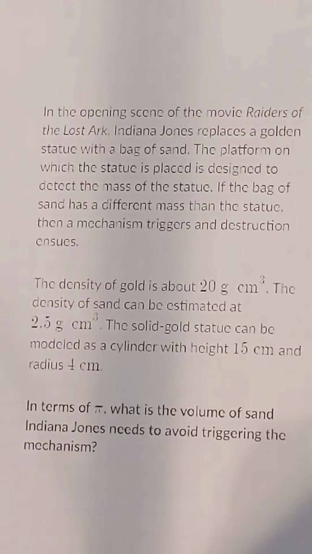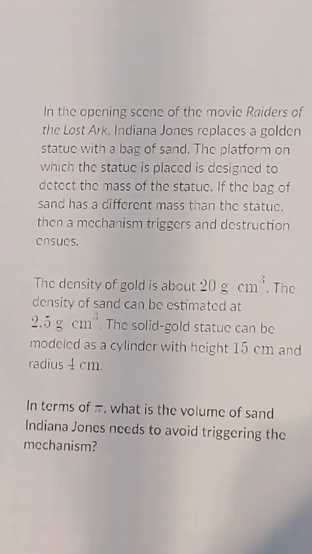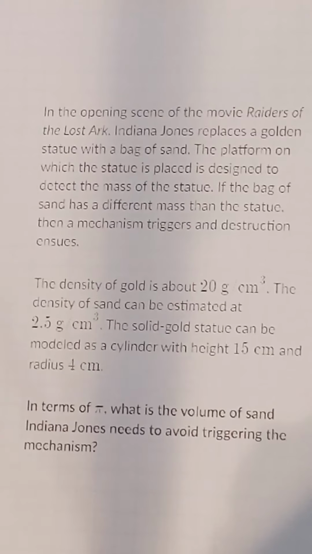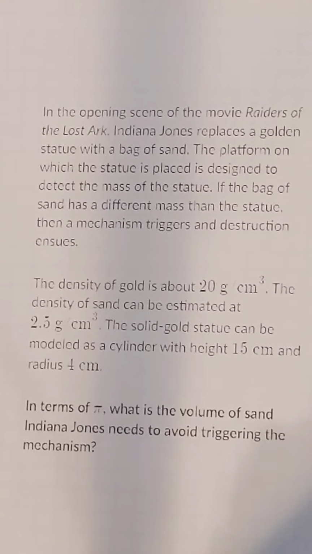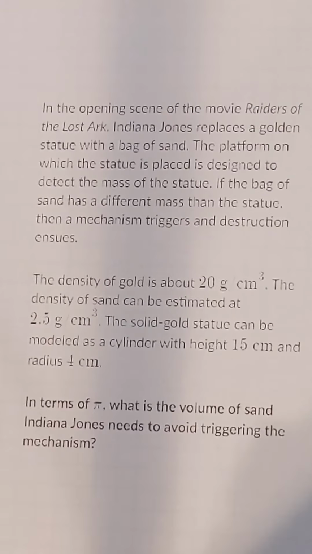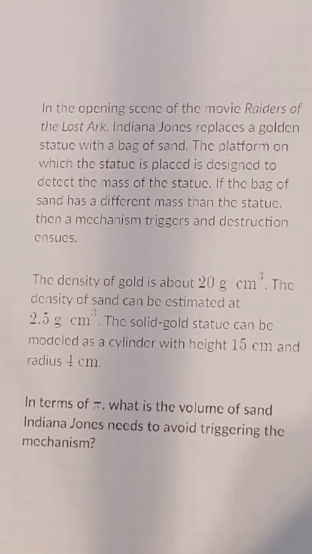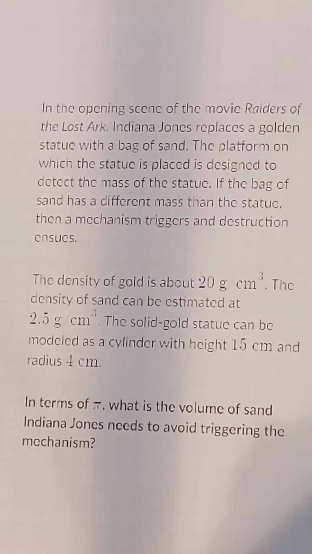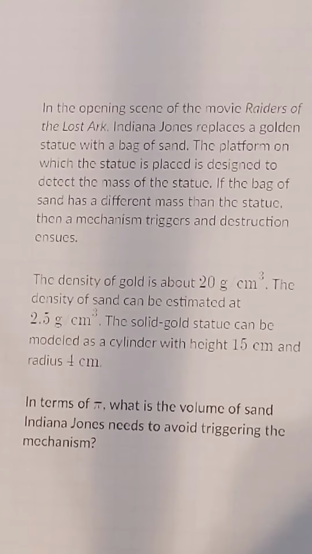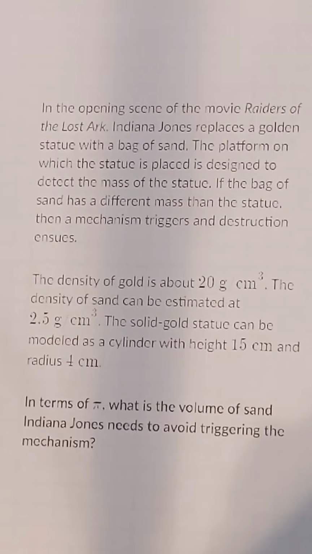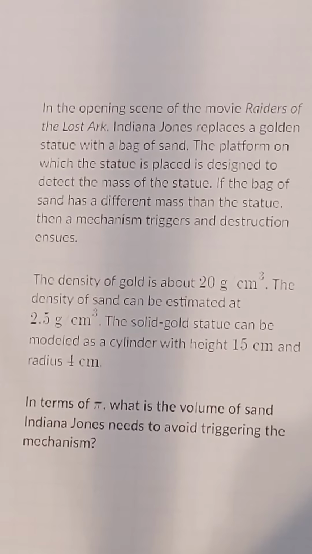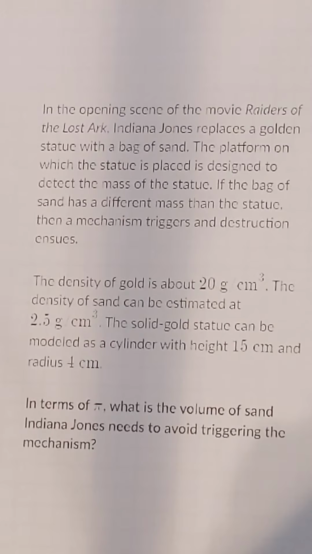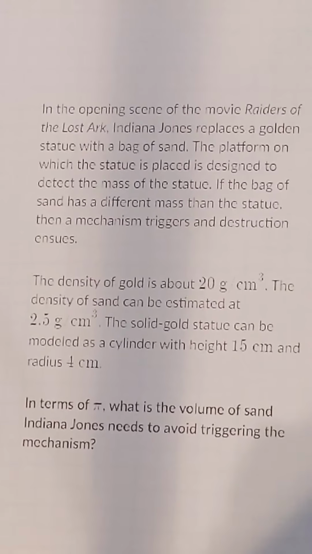Okay, another example where they can make it more complicated is a Raiders of the Ark question here, and I'll read it to you, then I'm going to do it with you. The opening scene of Raiders of the Lost Ark, Indiana Jones replaces a gold statue with a bag of sand. The platform on which the statue is placed is designed to detect the mass of the statue. If the bag of sand has a different mass than the statue, then the mechanism triggers and destruction ensues.